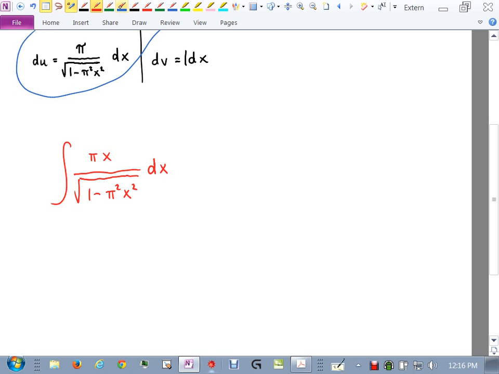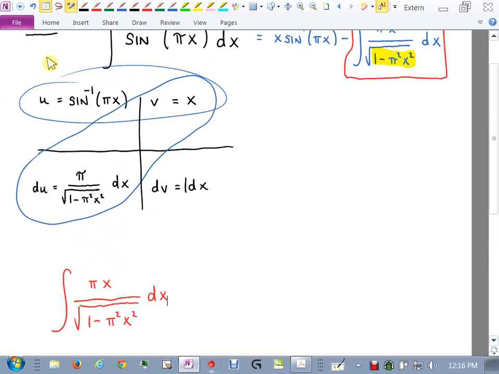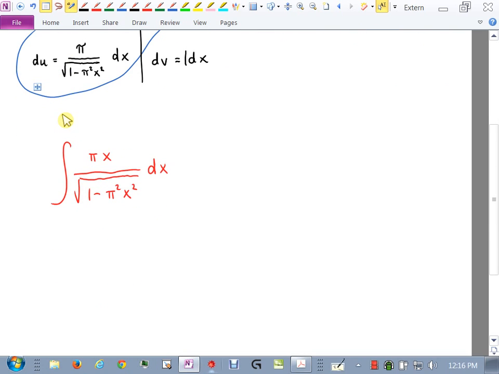I've been told to make a substitution of the entire bottom, 1 minus pi squared x squared. I can call it u, a u substitution. But I used u up here. So just to make sure we don't mix variables up, I'm going to use something other than u. W is fine. So I'm going to make a w substitution instead.